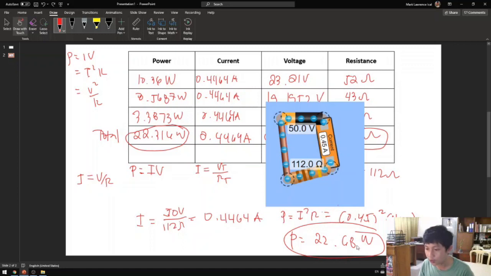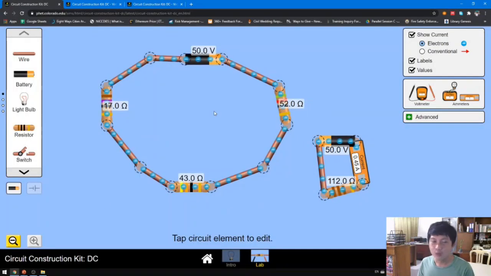If we stick with our current here, we have the same answer, 22.318. It's a 0.006 difference, so we have an error, but it's okay. That's how we compute them.